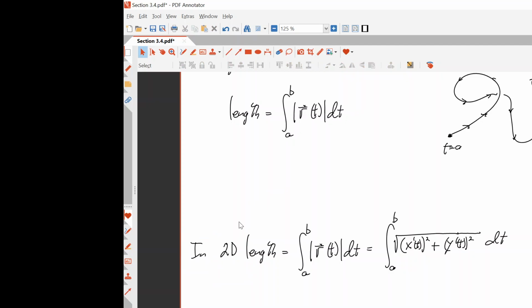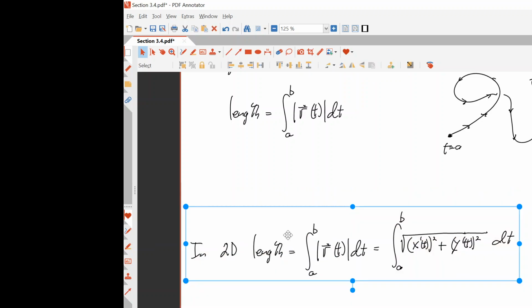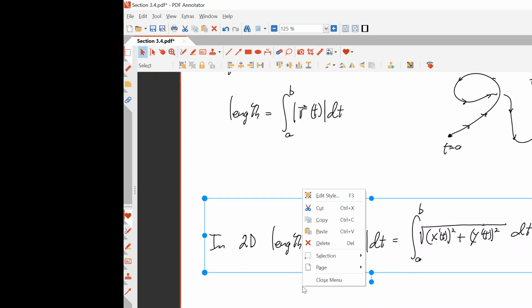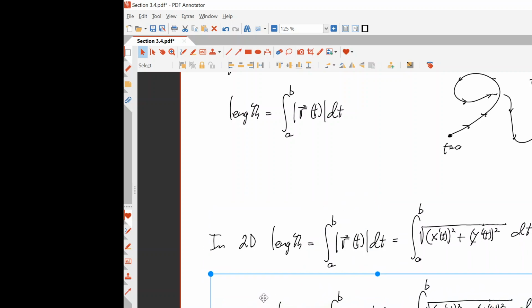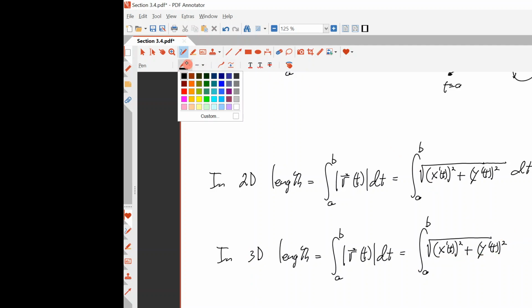Let me put that all in one line. So in 2D, it's this. And in 3D, it looks like this. There's just the added z component, or z prime of t, excuse me. That should look more familiar to you from Calc 2.